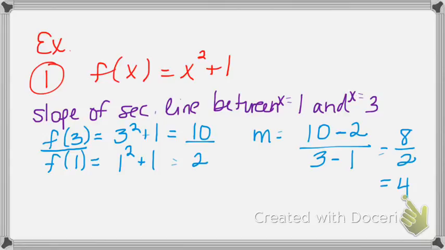So if I draw x squared plus 1, and I find the slope between 1 and 3, if I draw a line there, then I'm saying that the slope is approximately 4. So that's the A part.